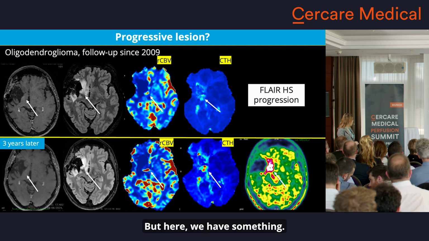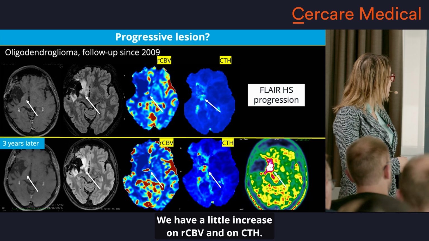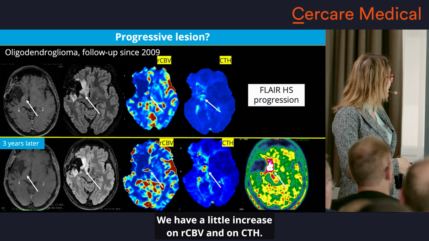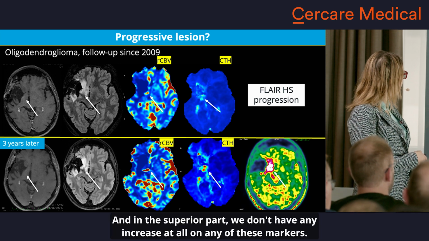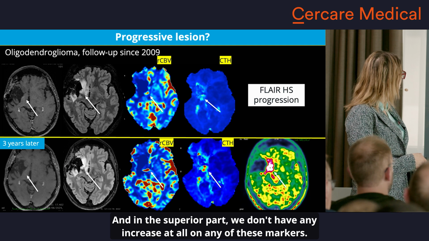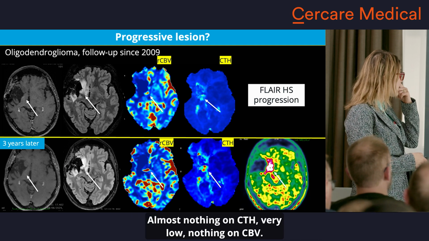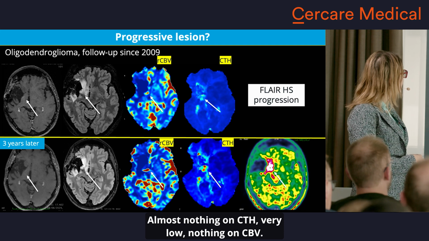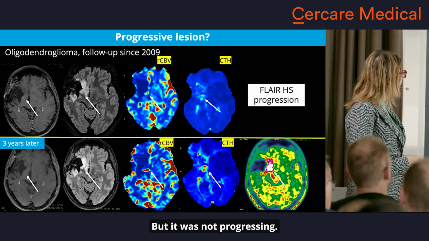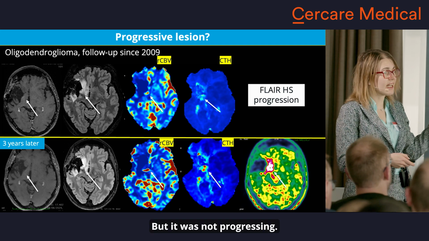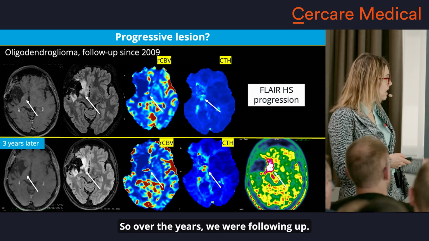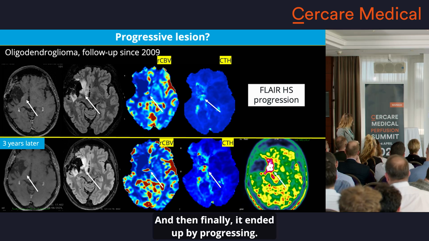So here it's a little bit similar to a case that I showed you before on three years progression, but here we have something. We have a little increase on CBV and on CTH. And in the superior part, we don't have any increase at all on any of these markers, almost nothing on CTH, very low, and nothing on CBV. But it was not progressing, so over the years we followed up, and then finally it ended up progressing.